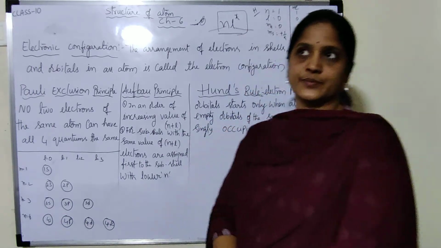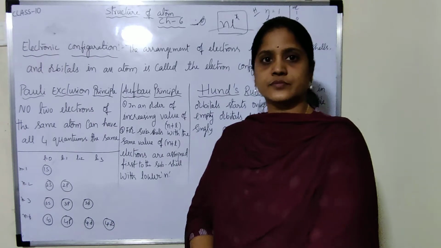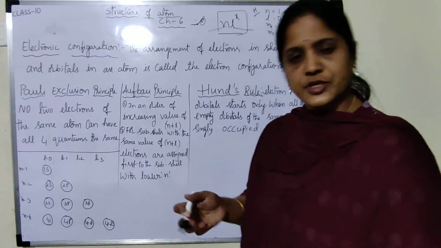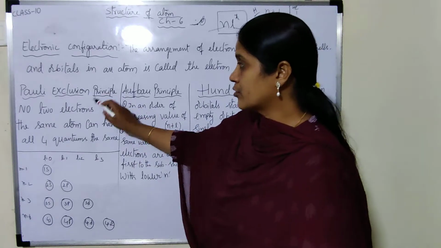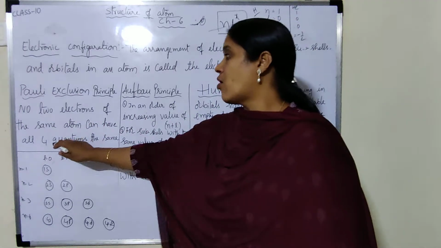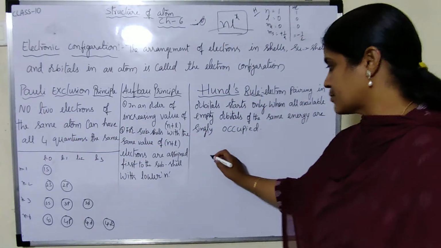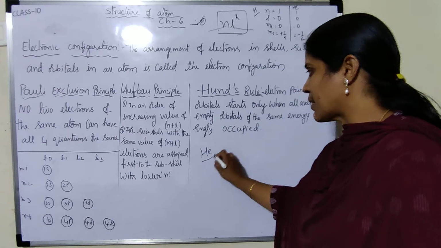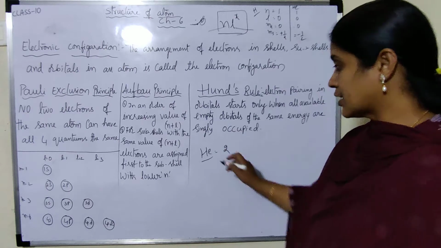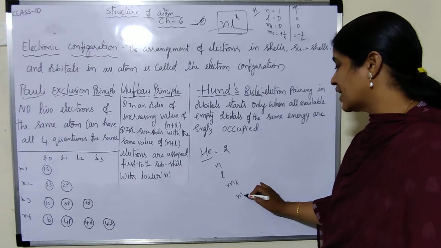For example, you can take any atom; I'll take only the helium atom. It has 2 electrons. So for this, all four quantum numbers should not be equal.